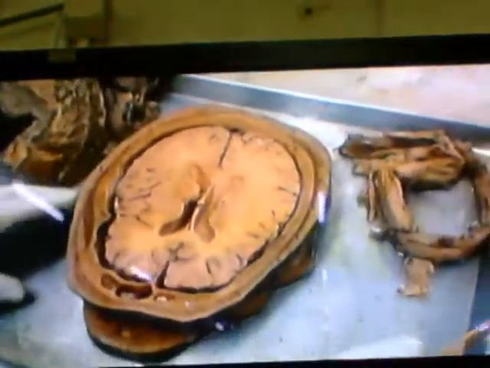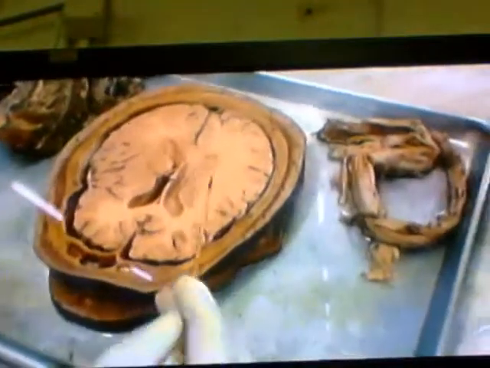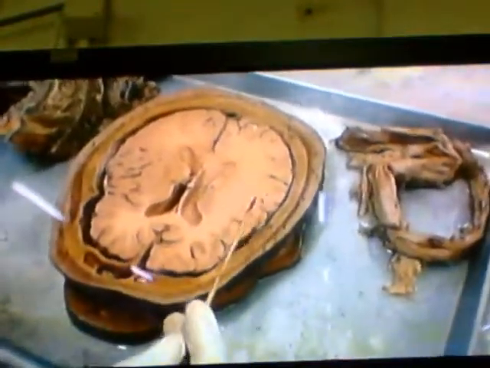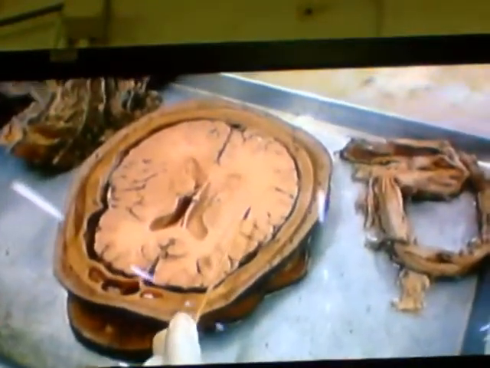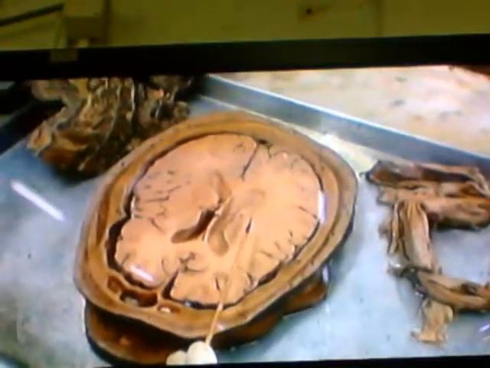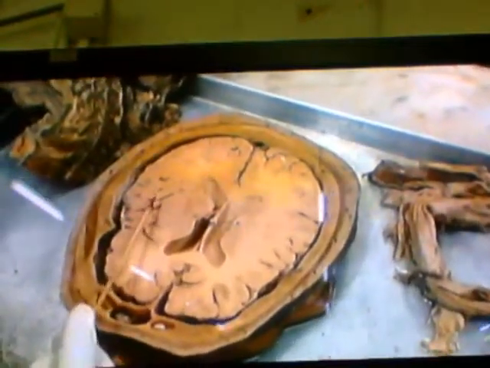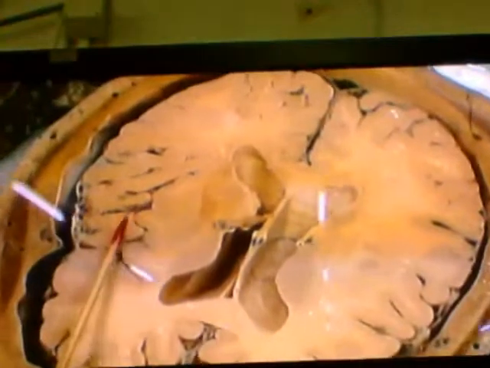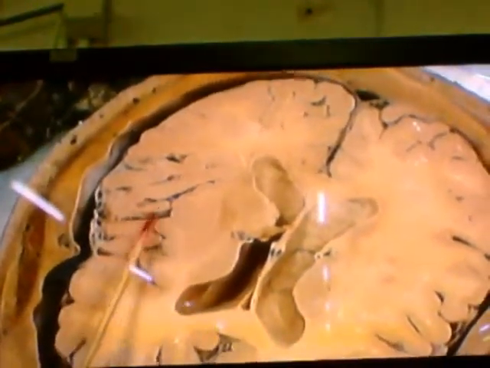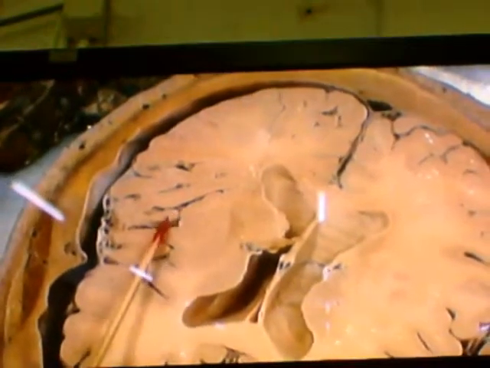Alright. Okay. Well, table 1, what do we have right here? Is the vicinity of the what?